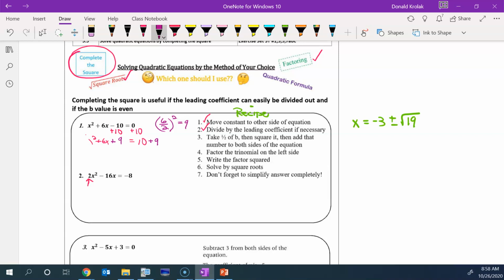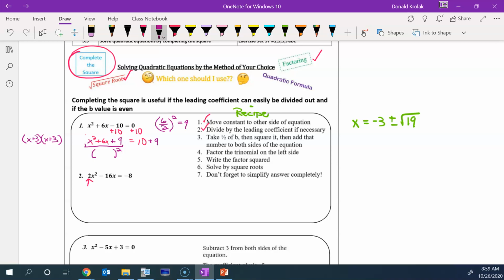Now what you've done over here is you've created a special kind of trinomial that automatically factors into two binomials that are the same. What two numbers multiply together to be 9 and add together to be 6? 3 and 3.